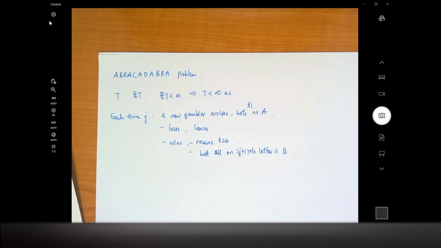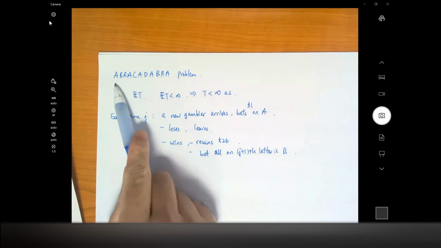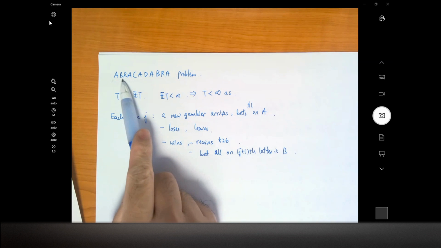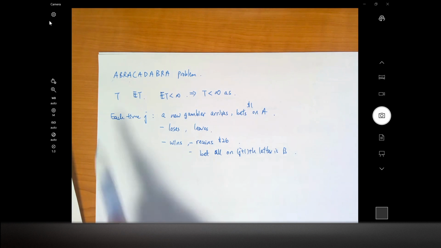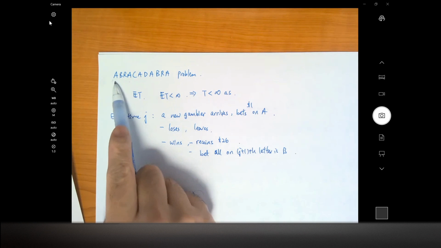So at any point in time, if he loses, he will just leave, and he will lose all the money. If he wins, he will take everything and bet it on the next letter. If he wins again, he will bet everything on the next letter, and so on. But okay, so this is the first gambler.